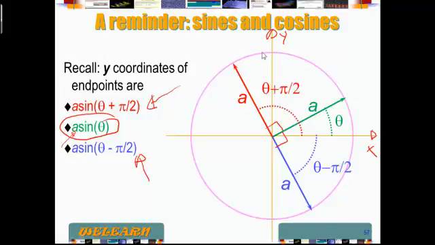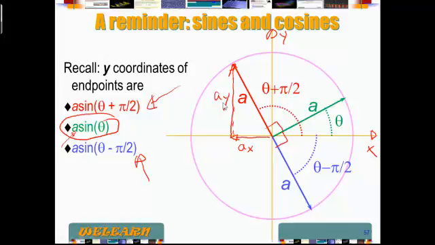Whenever I have a vector like this, I can figure out the x-coordinate and the y-coordinate of the vector. For example, for the red one, the x-coordinate is going to be this. This is my A sub x. And the y-coordinate is going to be this, A sub y.